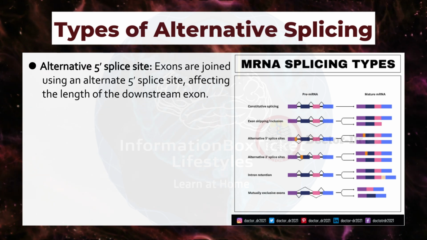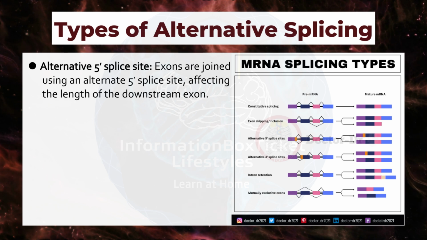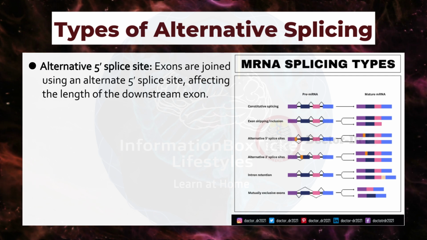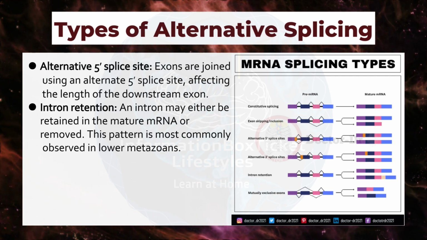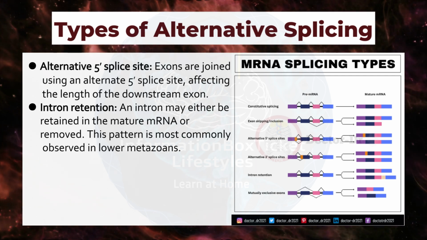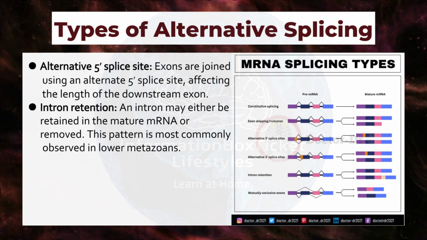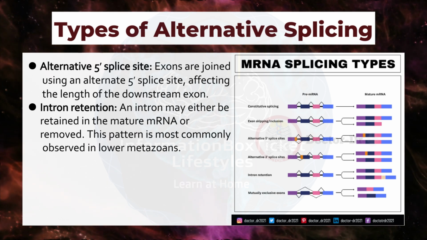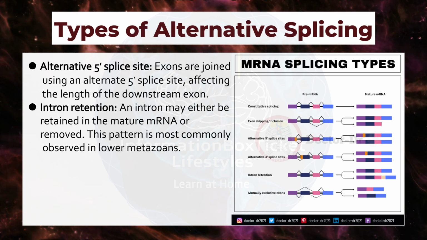Alternative 5' splice site: exons are joined using an alternate 5' splice site, affecting the length of the downstream exon. Intron retention: an intron may either be retained in the mature mRNA or removed. This pattern is most commonly observed in lower metazoans.